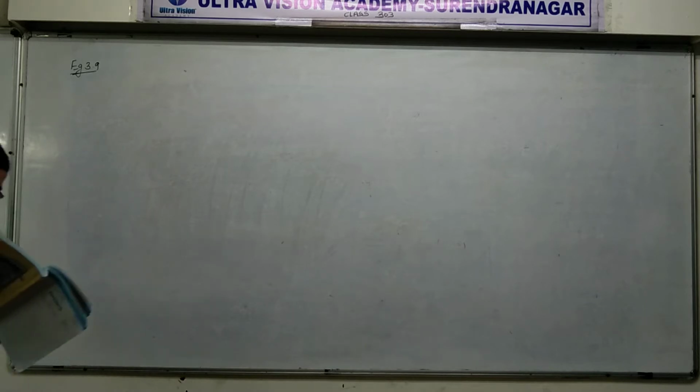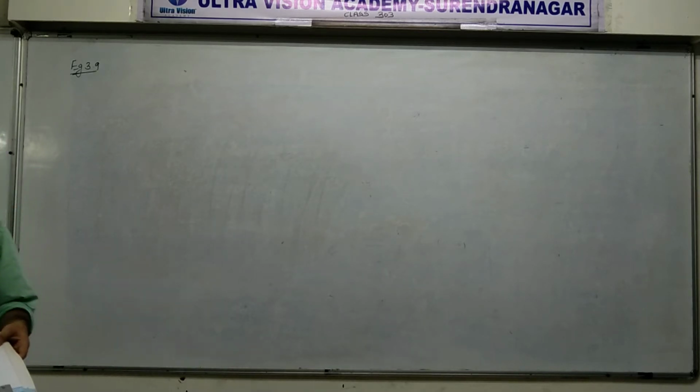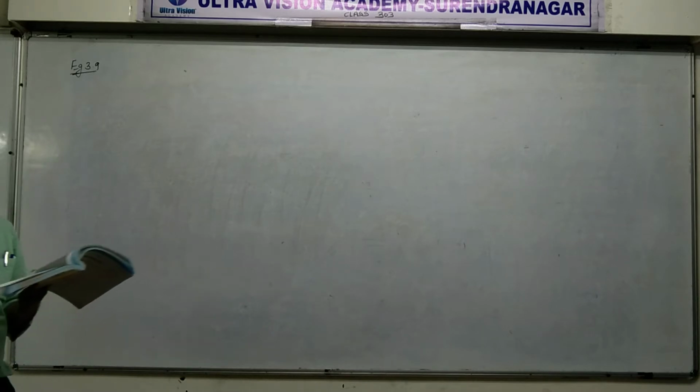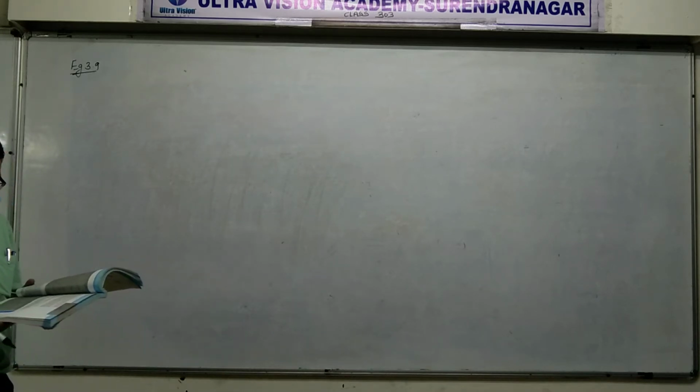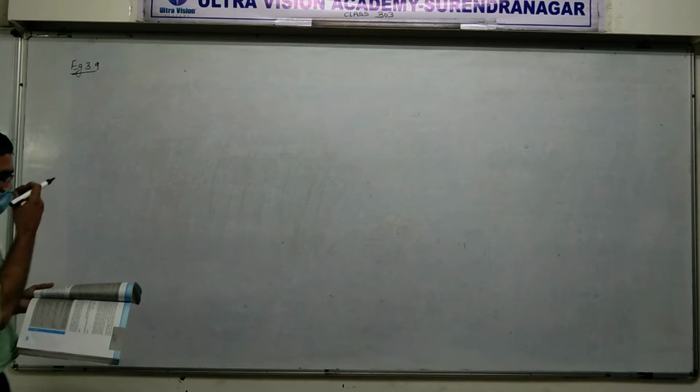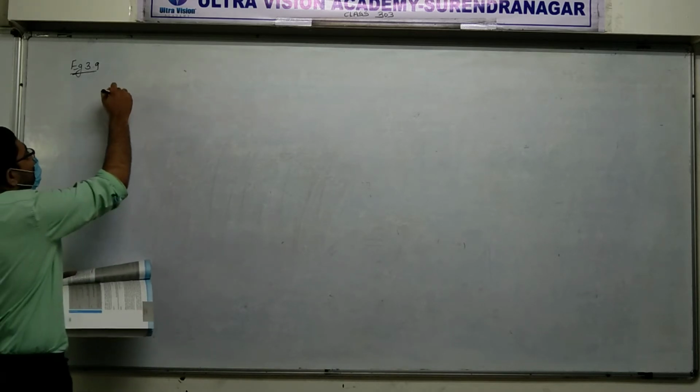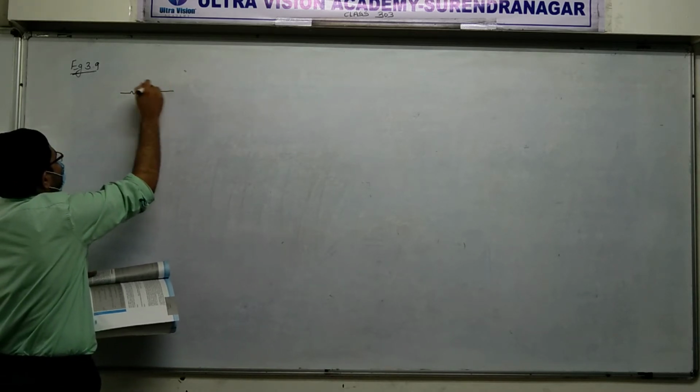In a meter bridge, figure 3.27, you have to use the figure that is shown in the book. The null point is found at a distance of 33.7 centimeter from A.